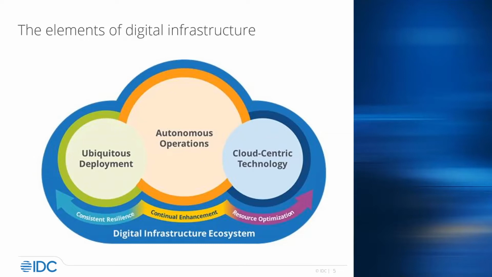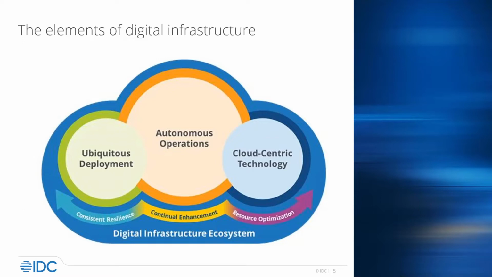We also expect that IT infrastructure is going to become more and more autonomous, so that you can automate a huge part of the IT operations. And we are moving away from manual tasks and to really hyper automation. And then another very important element of the digital infrastructure is ubiquitous deployment. And that means that you can develop your applications anywhere, so on premises or in a public cloud, but you can also deploy them anywhere.